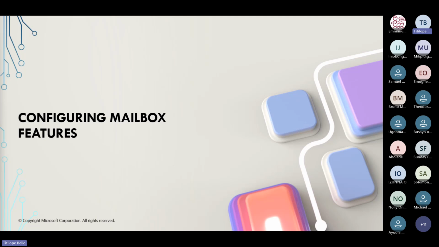Now, let's talk about other features of mailboxes that we have in Office 365 or Microsoft 365. Like I've said earlier, organizations often need to retain emails for compliance purposes or for easy access. When it comes to compliance, you have what we call litigation hold and in-place hold.